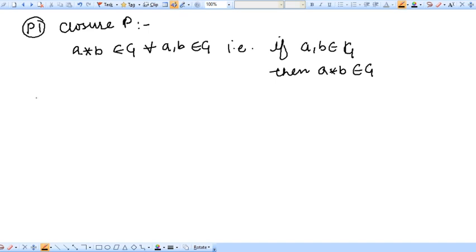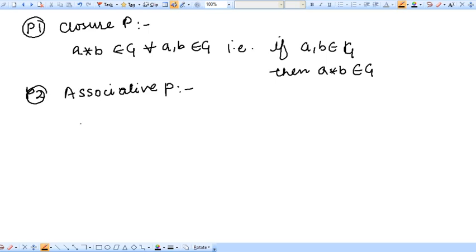Next, the second property should also be satisfied by this set in order for G to be a group. The second property is the associative property, or associative law.